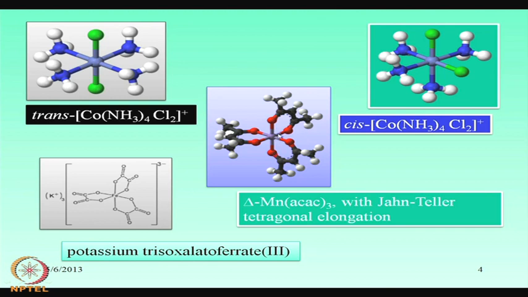So, we will find this particular elongation, that along the z axis the manganese oxygen bonds are longer compared to the manganese oxygen bonds along the x axis and the y axis. So, the electronic situation is such that we have an elongated octahedral geometry.